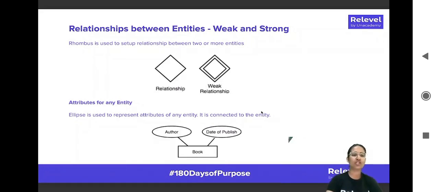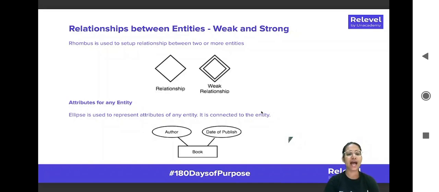So a rhombus shape is used to represent a relationship between two or more entities. If the relationship is a simple rhombus box, it is a normal relationship, whereas if you have two rhombuses stacked inside one another, then it is a weak relationship. We'll talk more about that in detail.